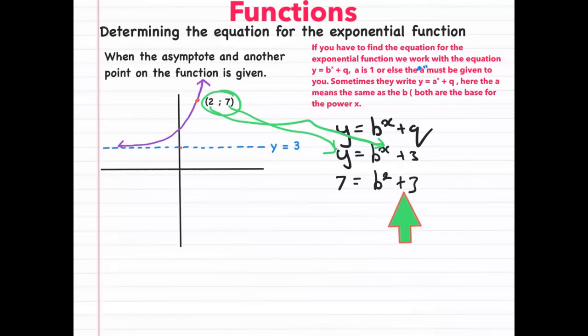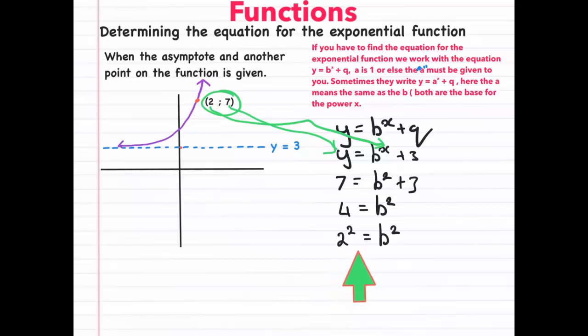And then we take this 3 to the other side, it becomes a minus 3. So 7 minus 3 is equal to 4 equals b to the power of 2. Then we rewrite this 4 into its prime basis, which will be equal to 2 to the power of 2 equals b to the power of 2.